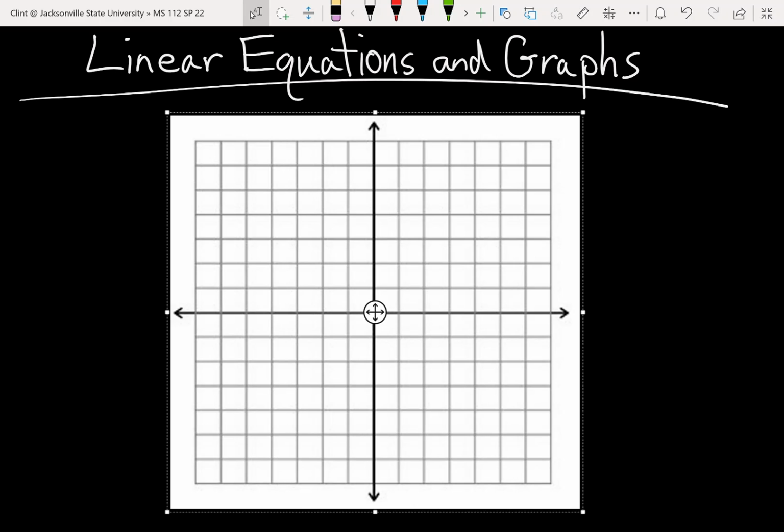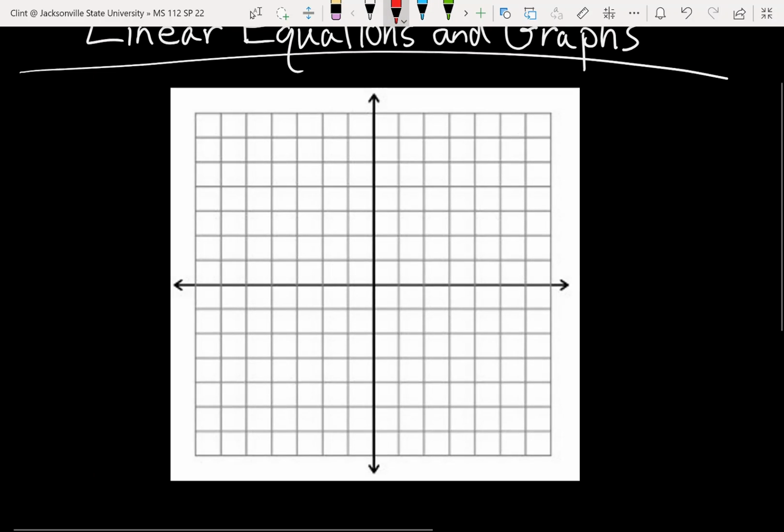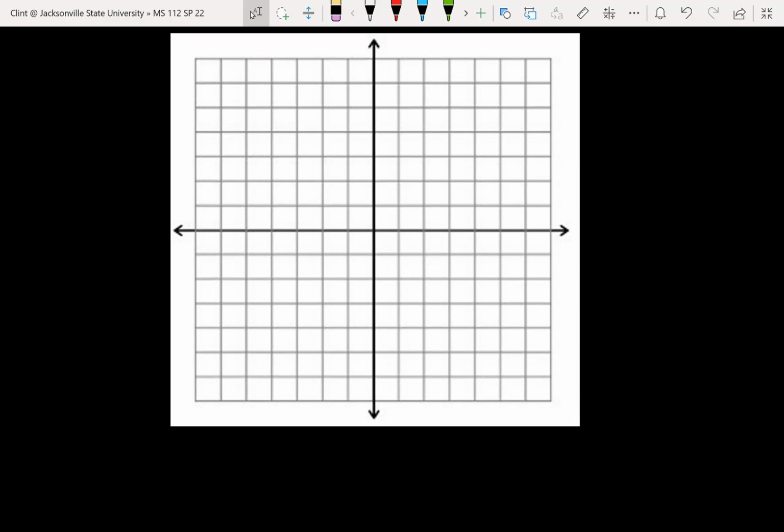All right, so we're going to start with the very basics as far as the coordinate plane, and then we're going to build our way up from that and look at some linear equations today. Okay? So if we have a grid like this, we can call our horizontal axis, our main one, the x-axis.